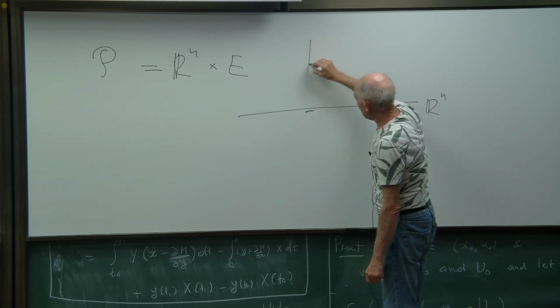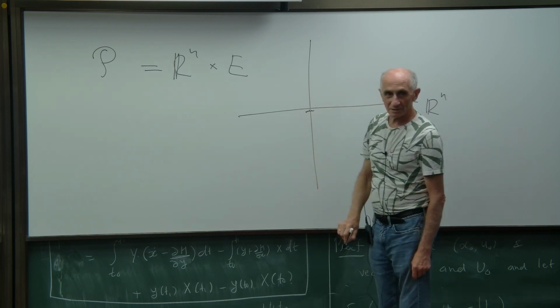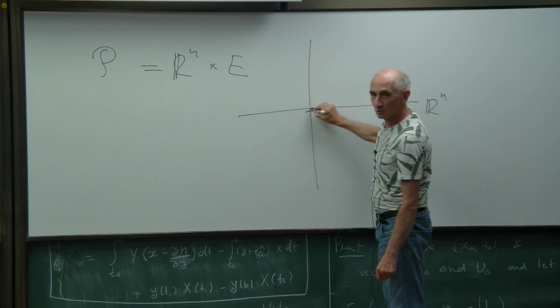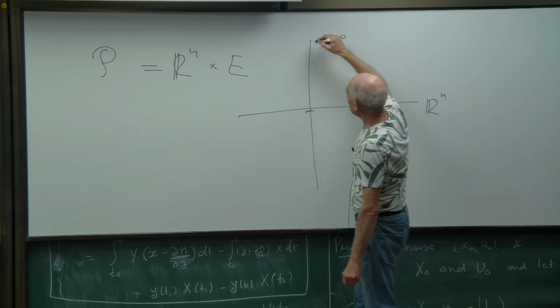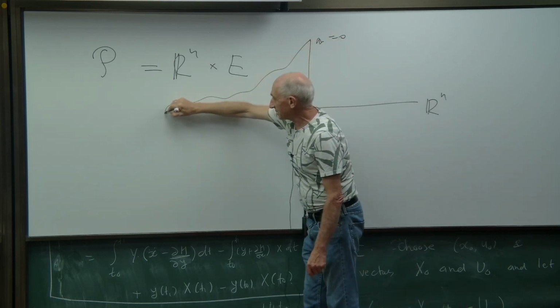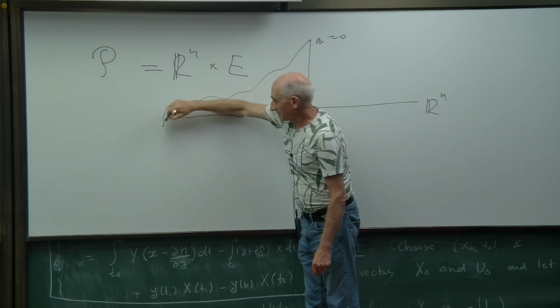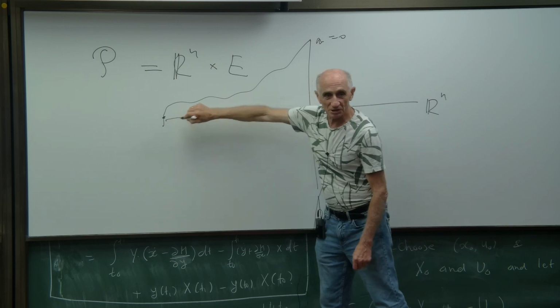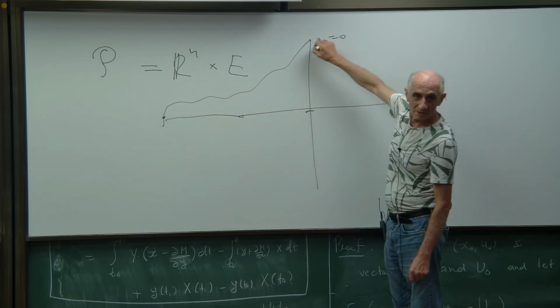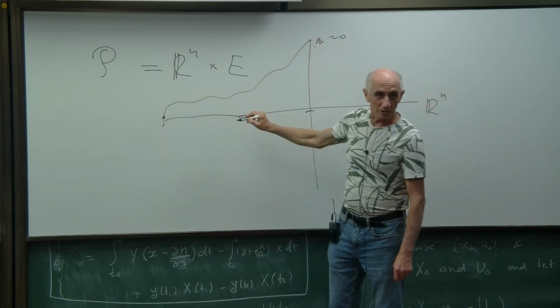Take the fiber over the origin, so it's Q equals 0. And take all paths which start here, somewhere on the 0 section, and end on this space. So this is our E.